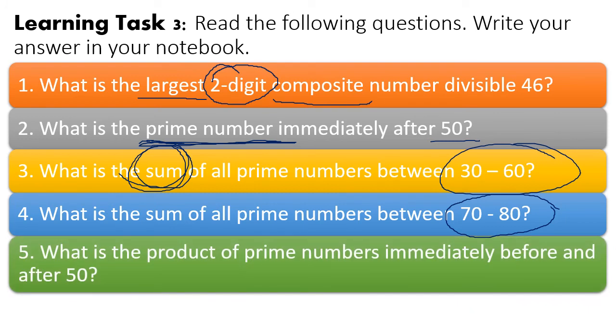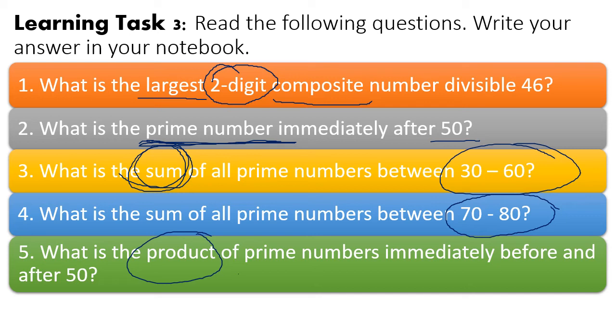5. What is the product? Product ha? Ano bang ibig sabihin ng product, kids? This is the answer to a multiplication sentence. Example, 7 times 2. The product is 14. Ayan.